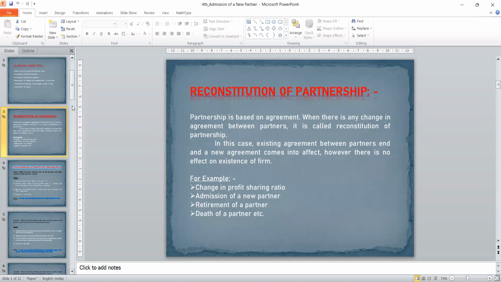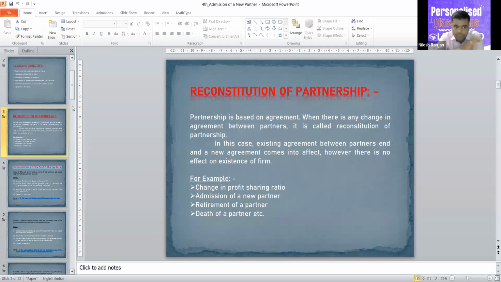So if we want to change anything in that agreement, then we have to create a new agreement. We cannot overwrite or make any cuttings on the agreement. So we have to create a new one and then remove the old agreement from the business.